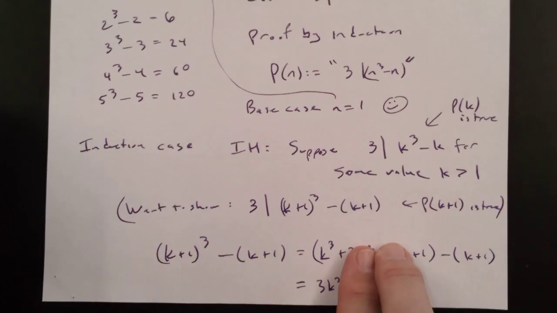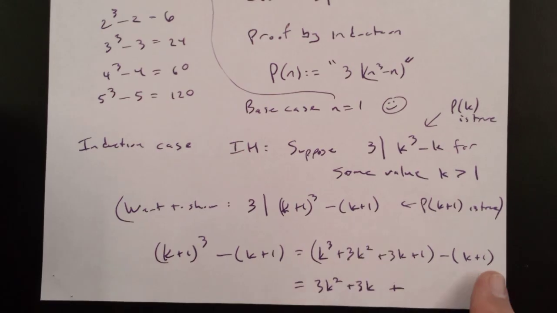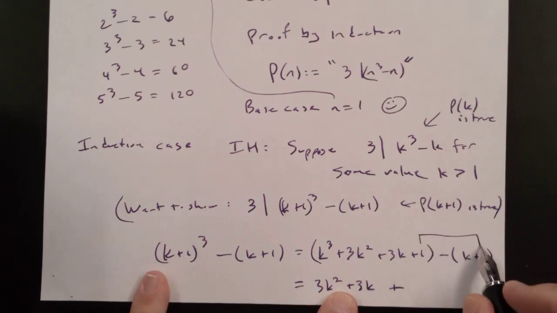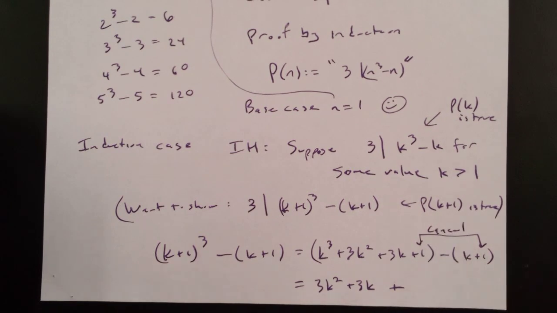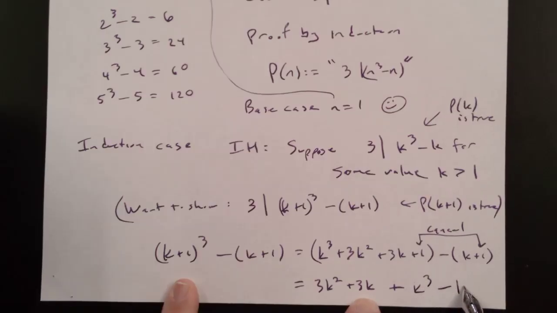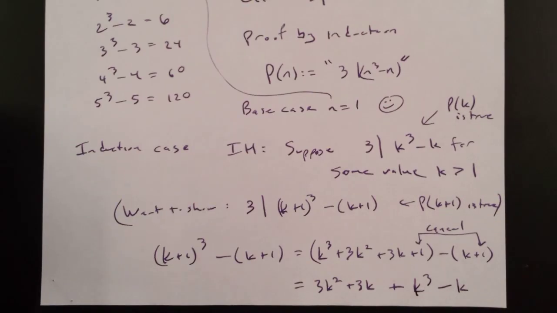But if I take those two out, well, I've got a plus 1 and a minus 1. What's going to happen to those? And then what else is left? Careful. K cubed and k. And notice that the k cubed is positive, but the k is negative. Yes?